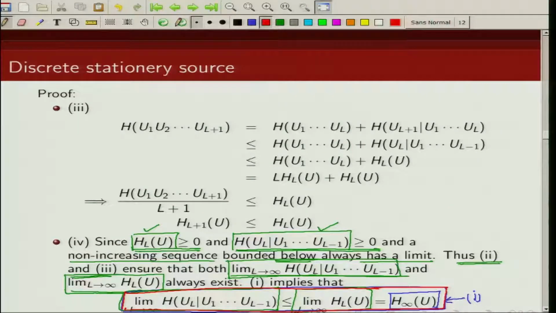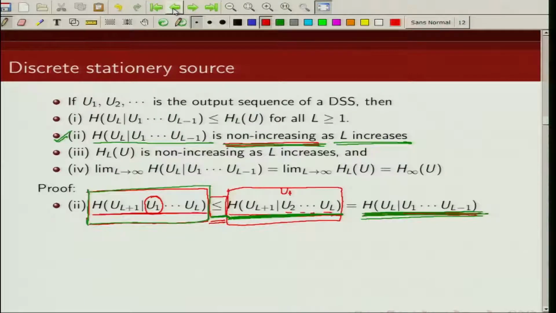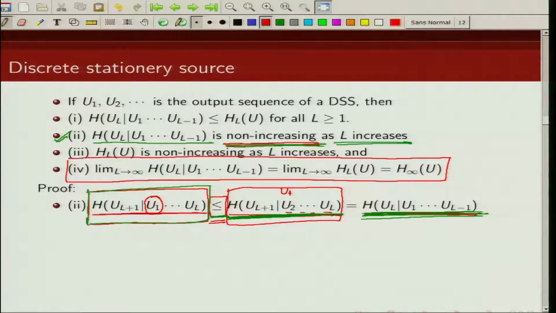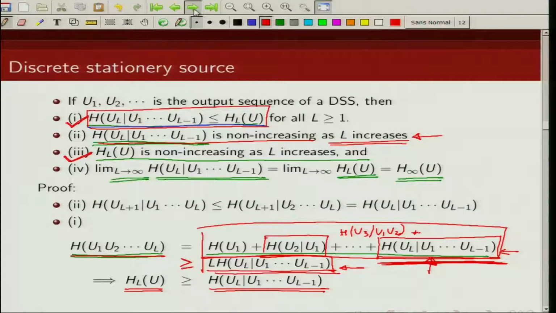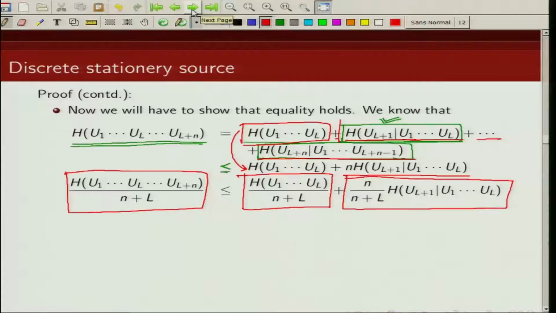Now for both of these conditions to hold true, we would require that both of them are equal, and that proves our fourth property, that as L goes to infinity, uncertainty in UL given U1, U2, ..., UL minus 1 is the same as uncertainty per letter when L goes to infinity, and this, as we said, we denote by the entropy rate. So this is the entropy rate of a discrete stationary source.